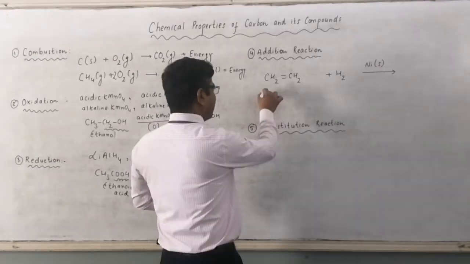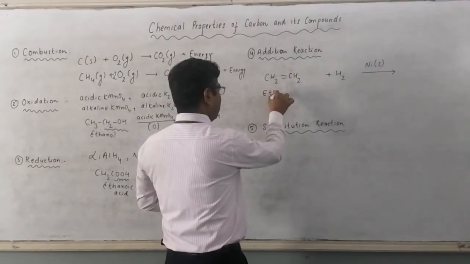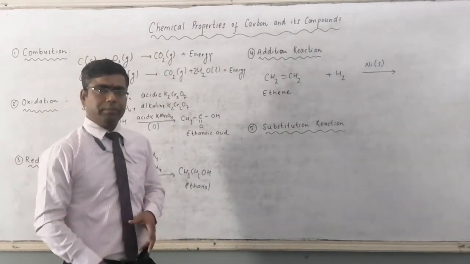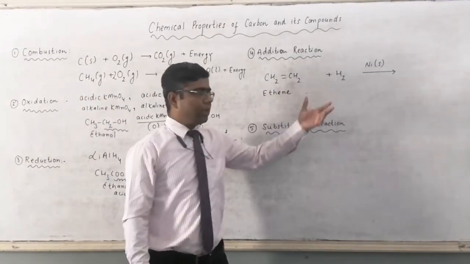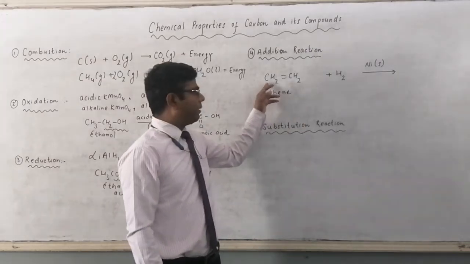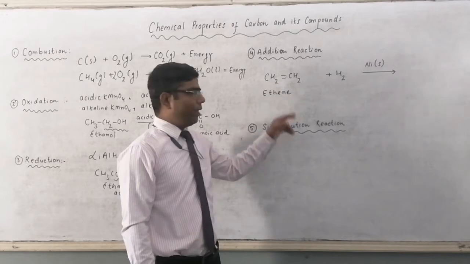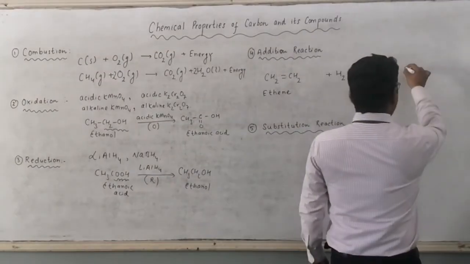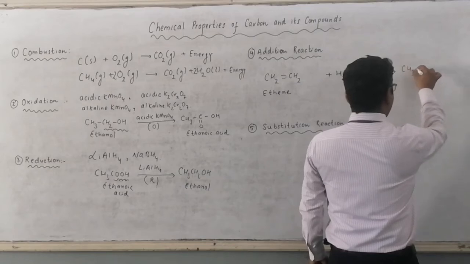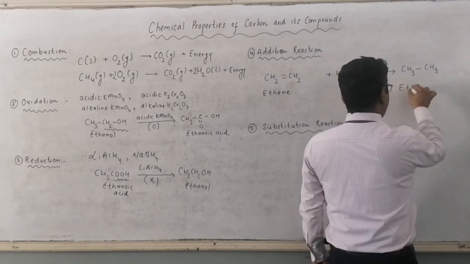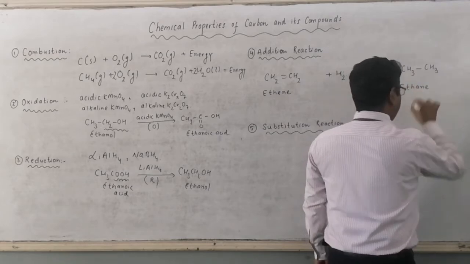As an unsaturated hydrocarbon, we have taken ethene. Now what will happen? They will combine with each other. One H will be added on this carbon, one H will be added on this carbon, as a result of which double bond will be converted to single bond, and ethene gets converted to ethane.